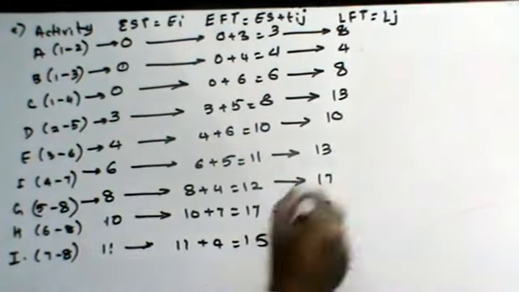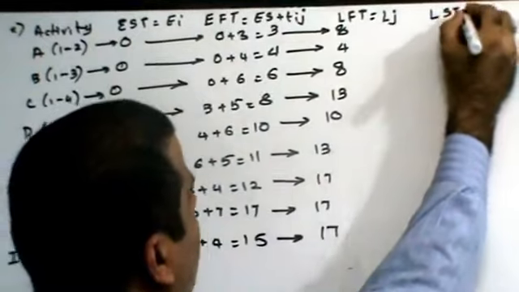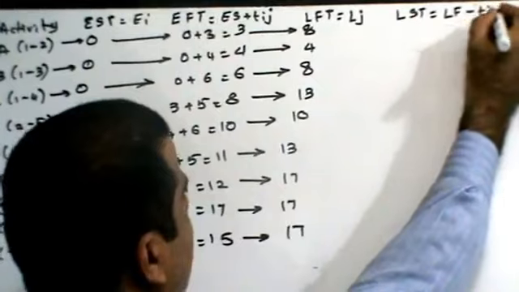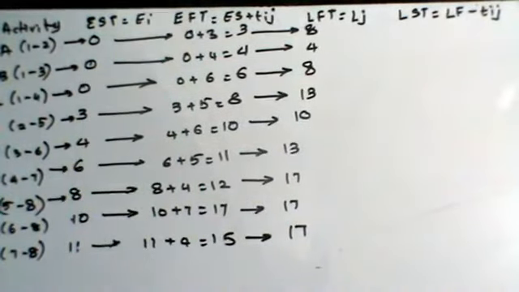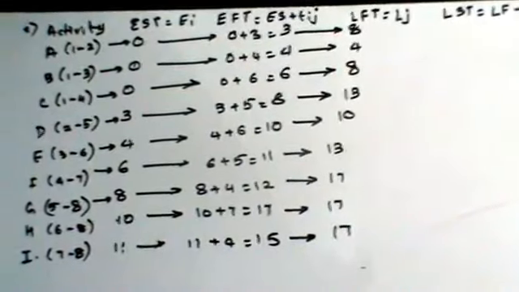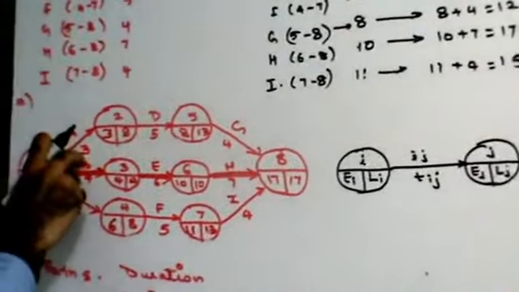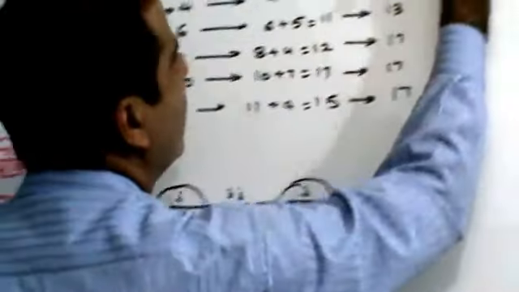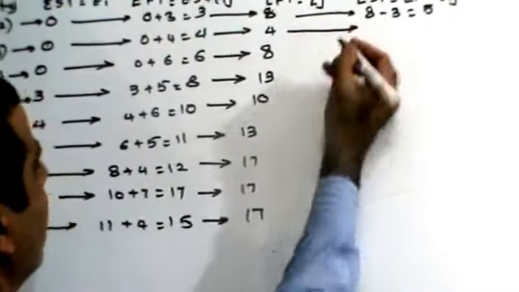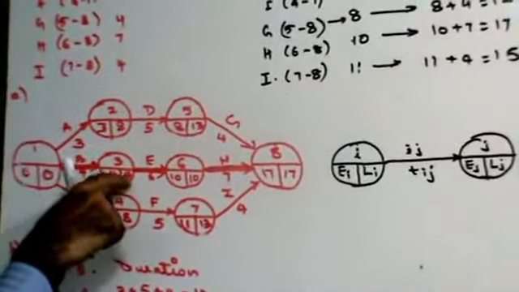Now let us find out latest start time, which is nothing but latest finish minus Tij. Let's understand this symbolically first. For activity A, it is going to be 8 minus 3, which is 5. For activity B, it is 4 minus 4, which is 0.